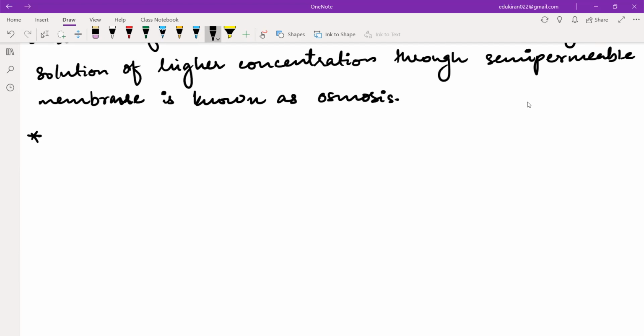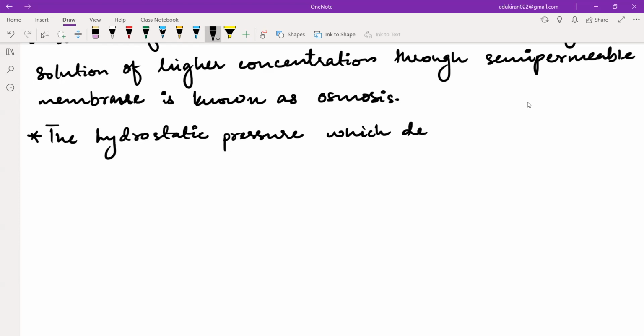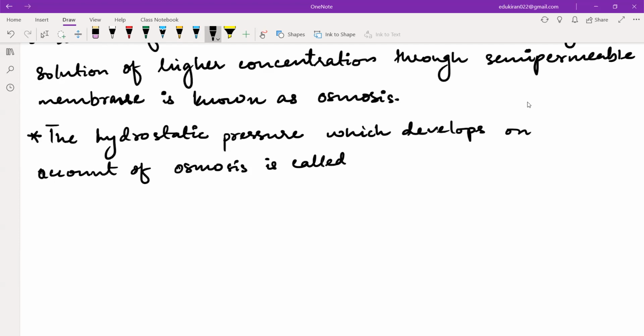For osmotic pressure, you will write two definitions. First, the hydrostatic pressure which develops on account of osmosis is called osmotic pressure.